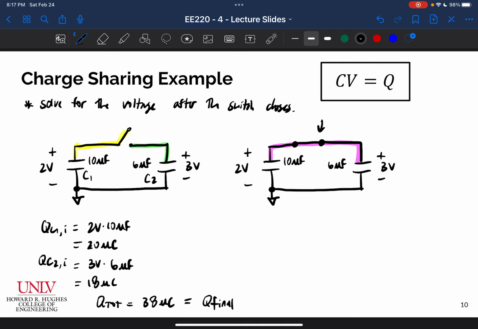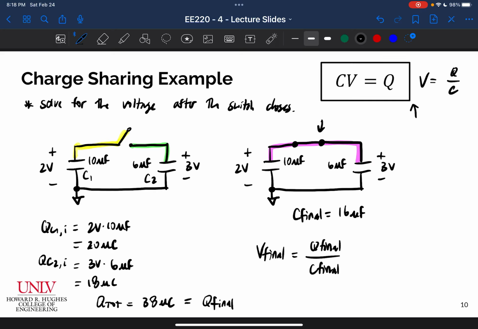And so if I know my final Q, all I have to do is solve for my final capacitance, which is just the sum of these two, 16 microfarads. I can very easily use CV equals Q, rearrange it to say V is equal to Q over C, and say V final is Q final over C final.